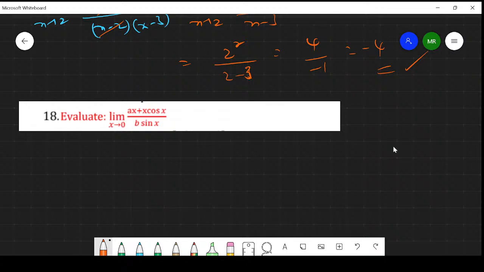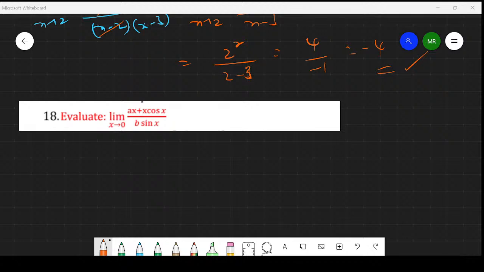Now, limit x tends to 0, of ax plus x cos x by b sin x. This is also a very simple problem.